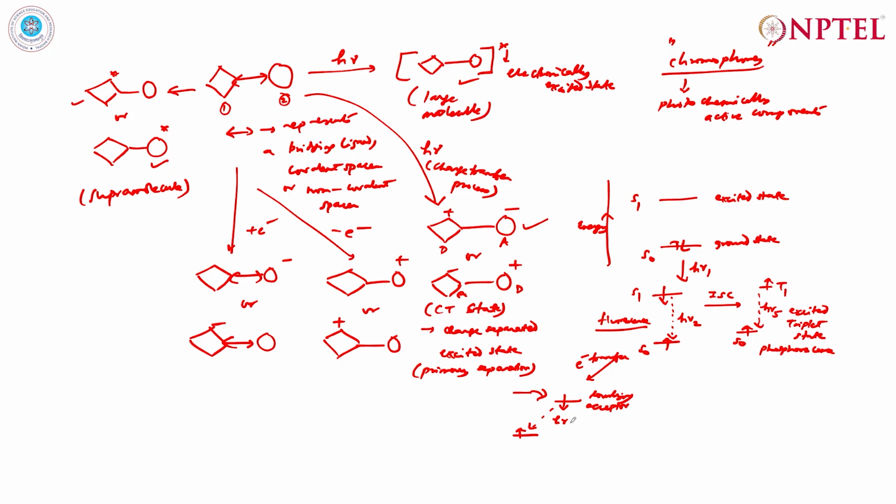This I represent by h nu 3. So this represents the fluorescence coming from the acceptor molecule. There is a transfer of the electron to a low-lying acceptor, and that now emits the photon. It comes back to the ground state with frequency nu 3, and that is responsible for the fluorescence of the acceptor in comparison to the fluorescence of the initial species from where the excitation happened.